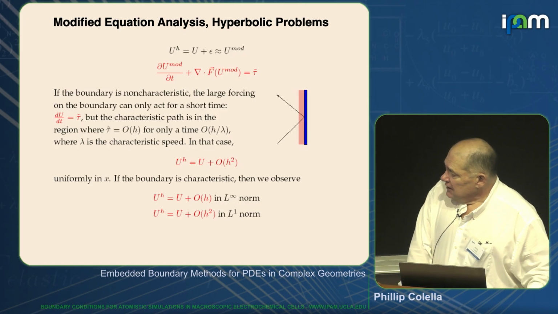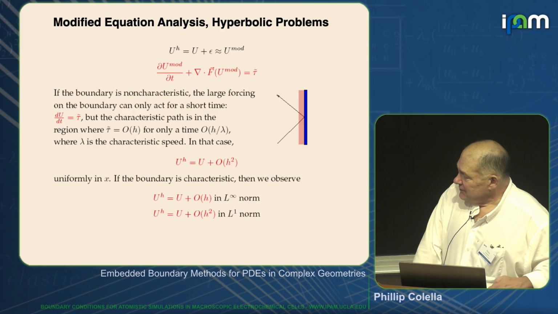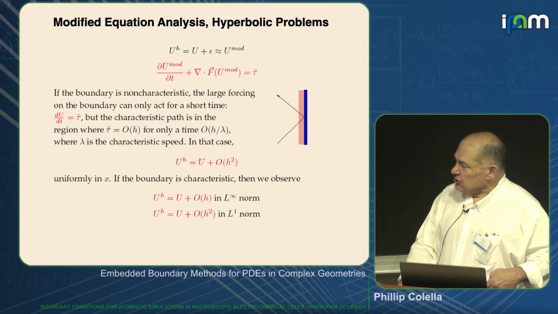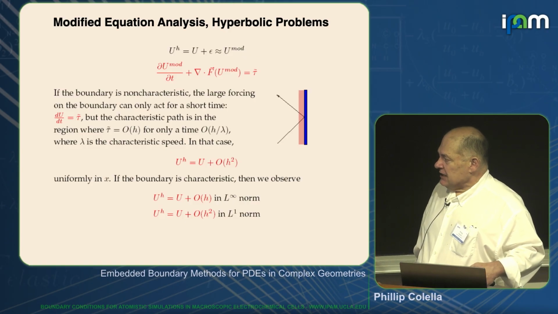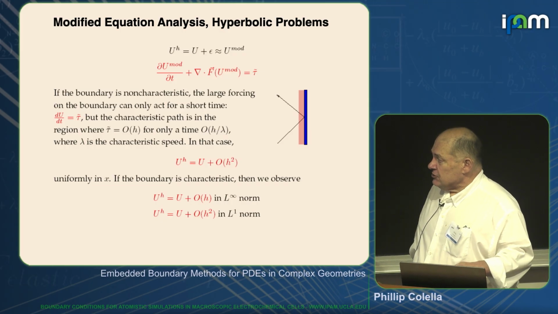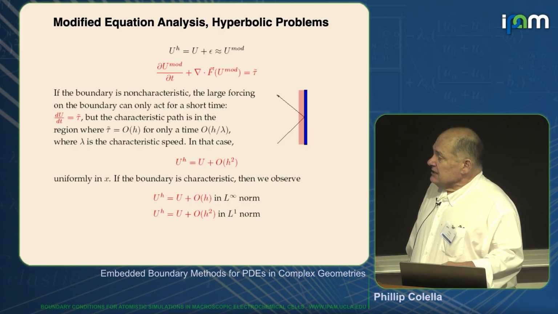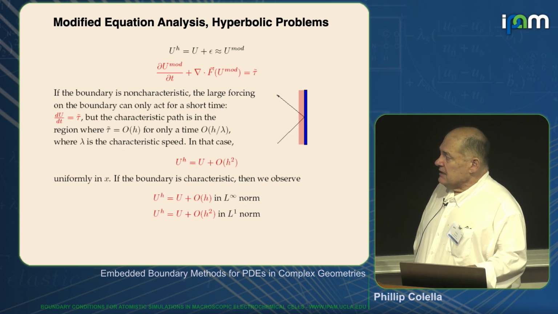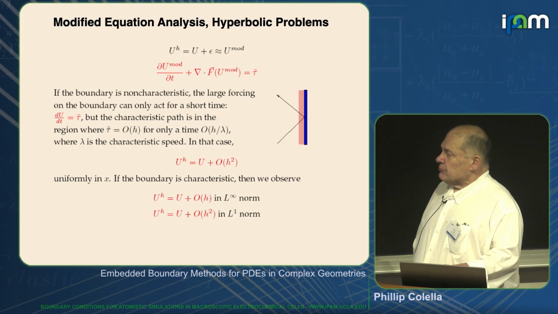So we have two cases here. We're assuming we're hyperbolic, so everything looks like signals propagating. Here's a signal that propagates, and what it is exposed to as it propagates is the order h squared truncation error, if we're second order accurate, until it gets to this irregular boundary.